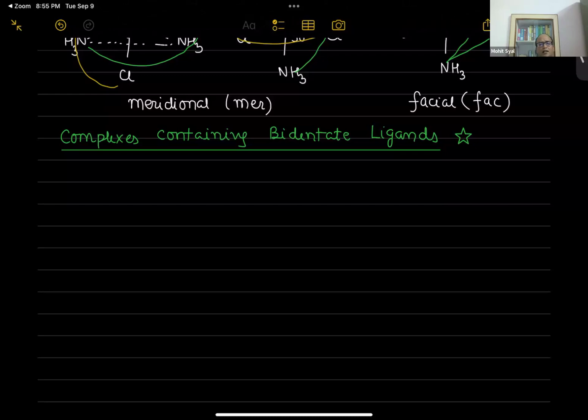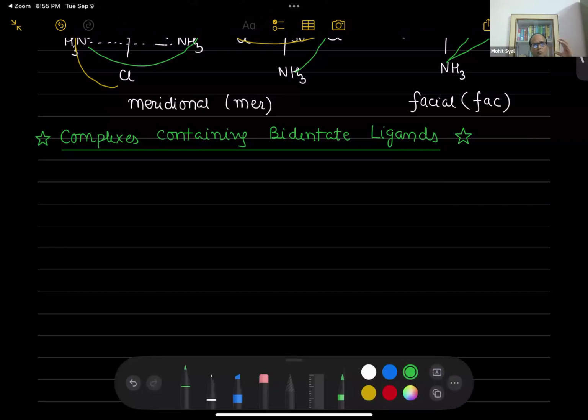Complexes containing bidentate ligands. Got it? So bidentate ligands are connected by two bonds to a metal atom. Got it?